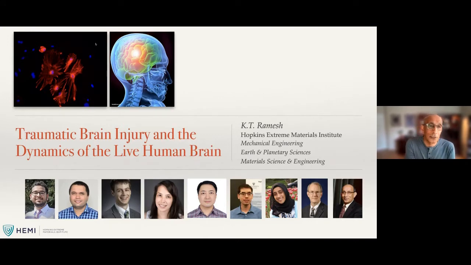The pictures here are fairly important. The one on the top left, the red cells, those are cells inside your brain, which are not the neurons, which is most of what I'm going to talk about. But it turns out the majority of your brain is not actually filled with neurons, but filled with cells like these. They're called astrocytes or glial cells, and these cells are really important to the functioning of the brain.